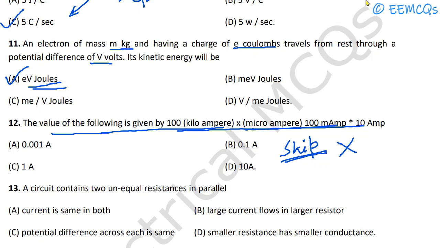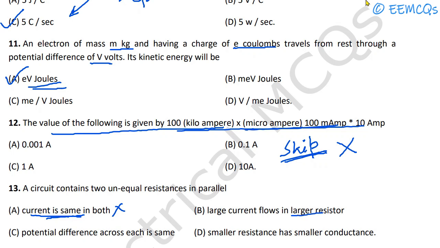Okay, option A, current is same in both. Large current flows in large resistor. Potential difference across each is same. Smaller resistance has smaller conductance. Okay, so definitely the current is not same because two resistances are having different values. So this is wrong. Large current flows in large resistor.